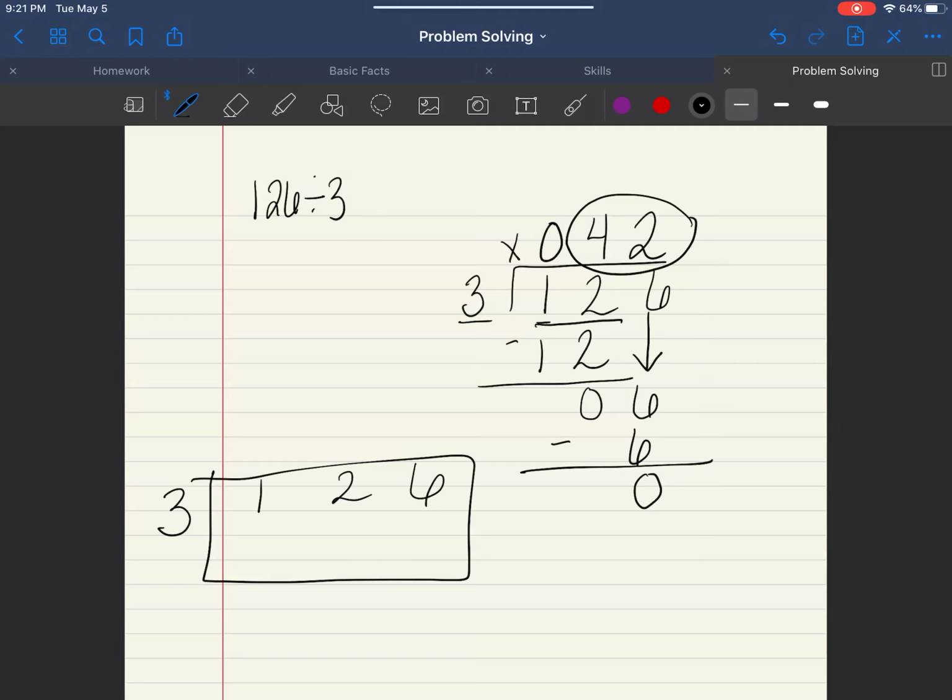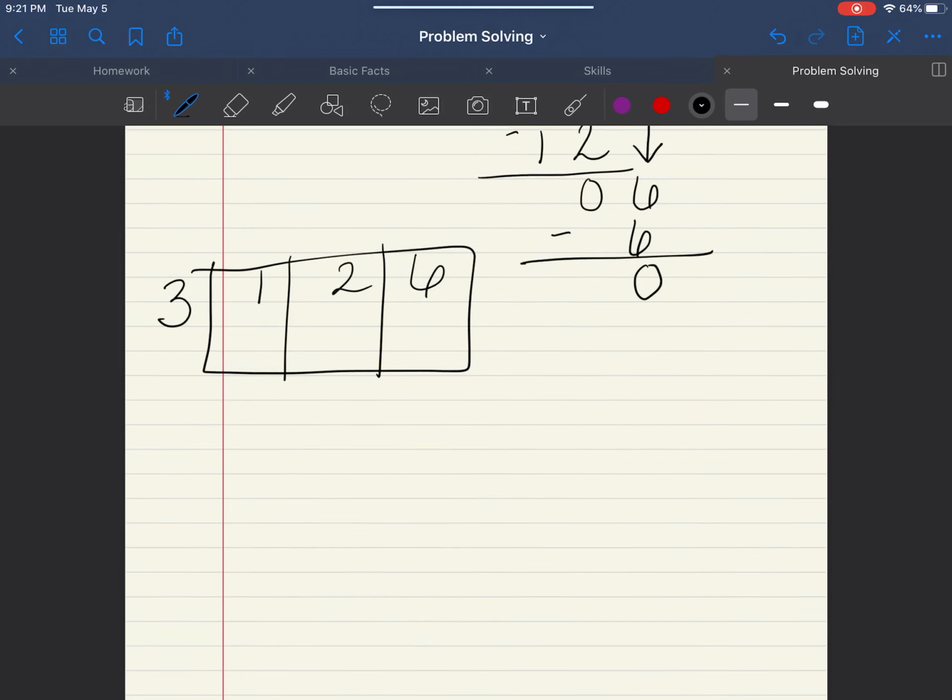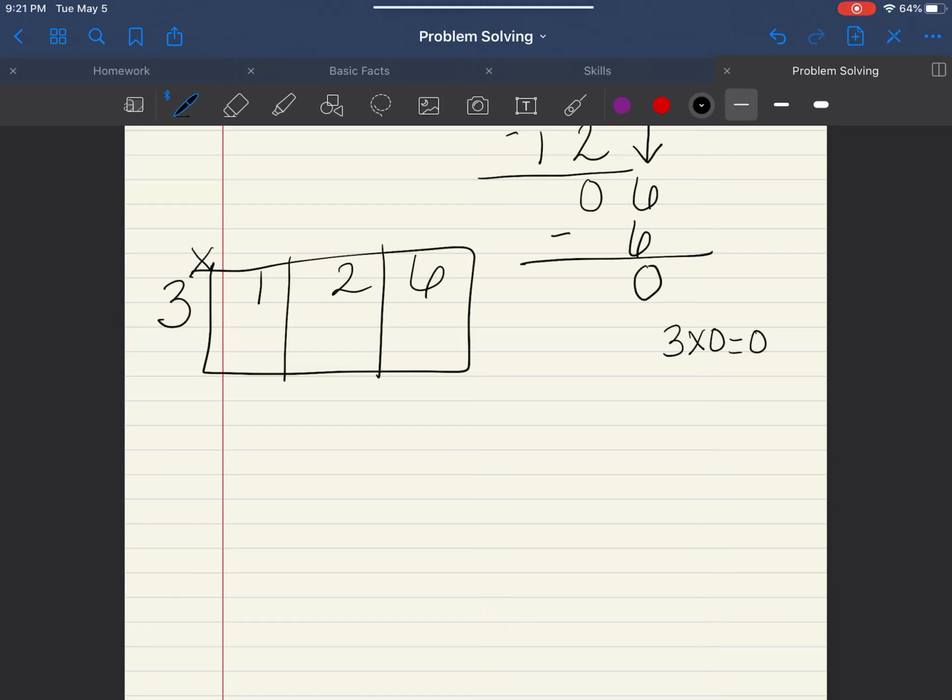Remember, guys, you don't have to do the long division. You could have done the box, so you could have divided 126 by 3. That is also available, so you can do that.